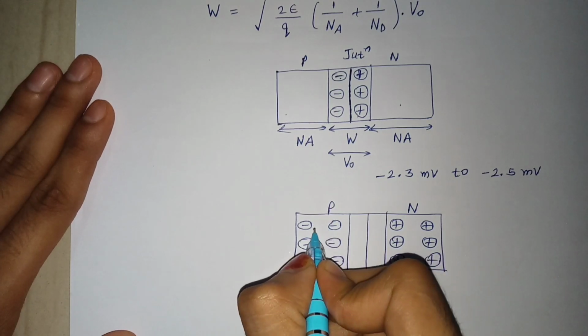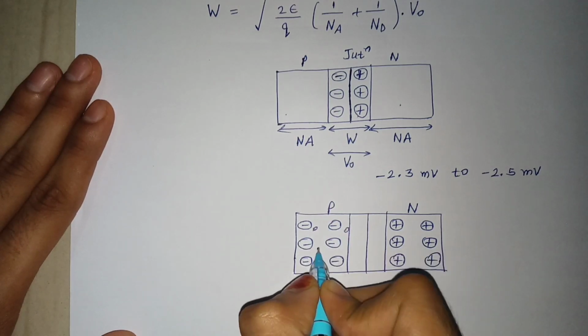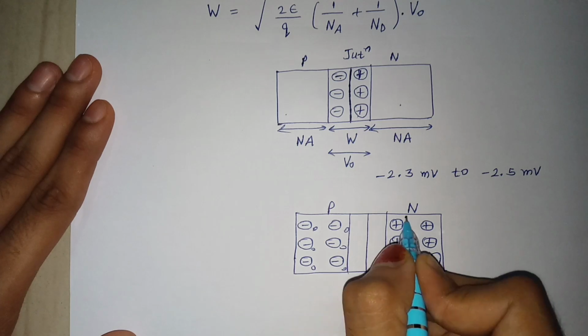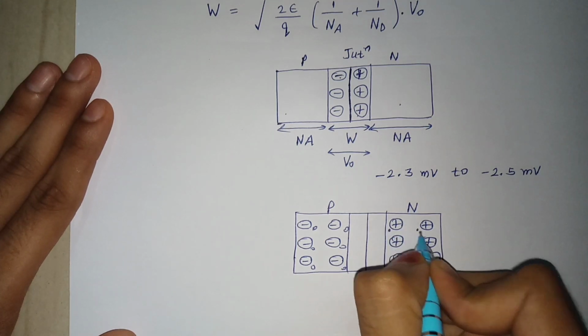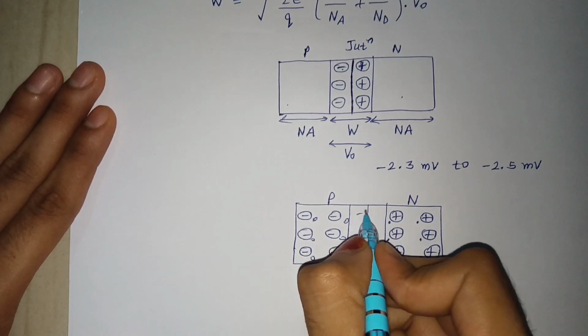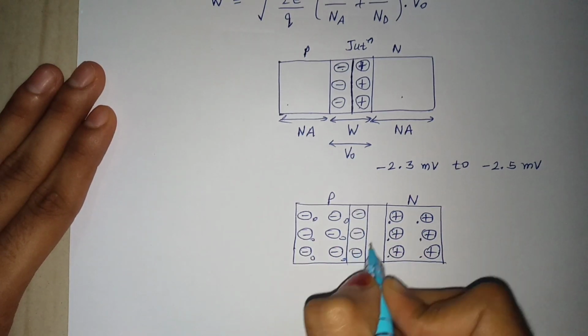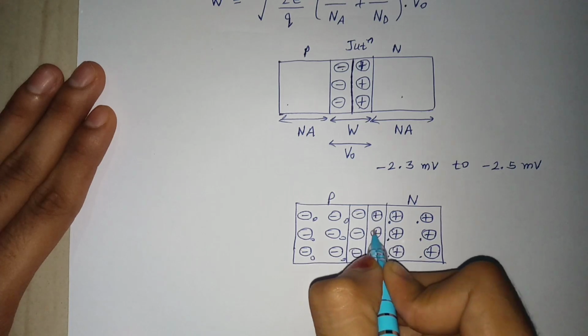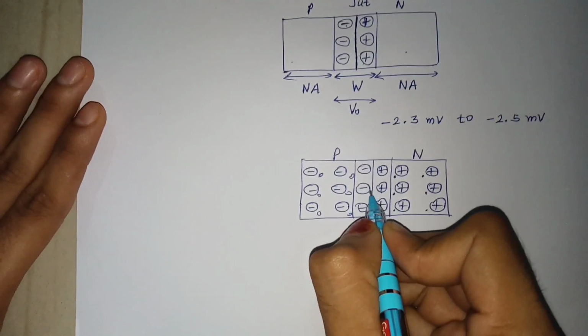The majority carrier of p-type is holes, and the majority carrier of n-type is electron. There are negative immobile ions in p-type and positive immobile ions in n-type.